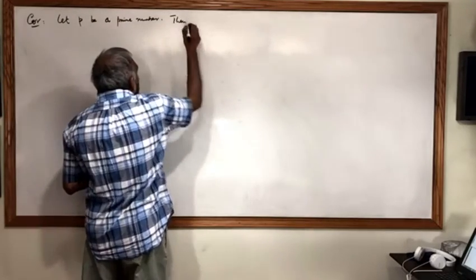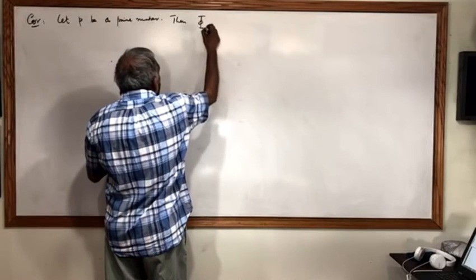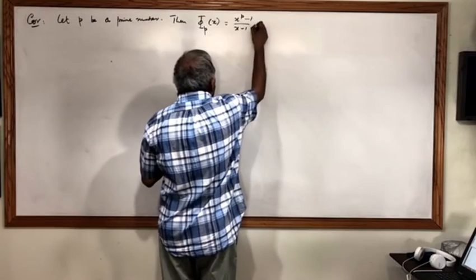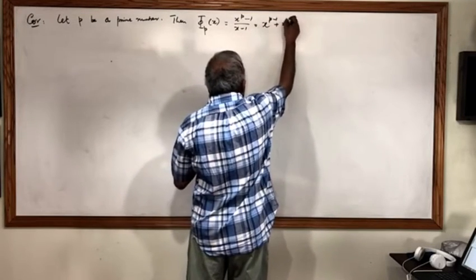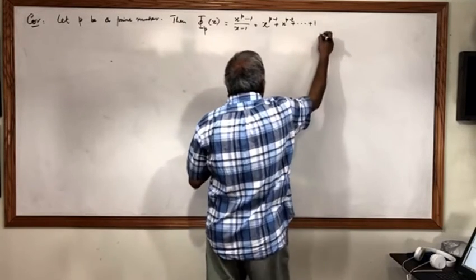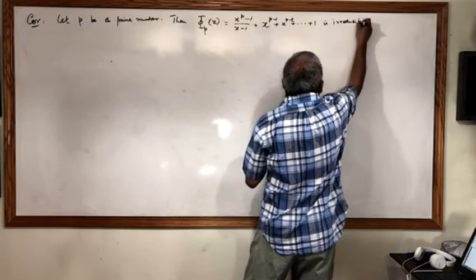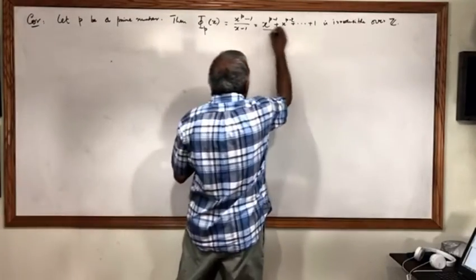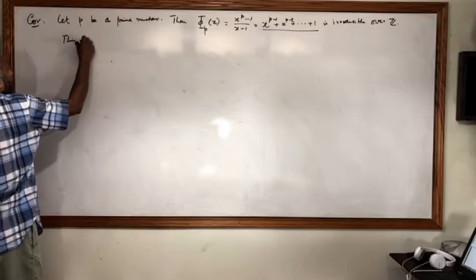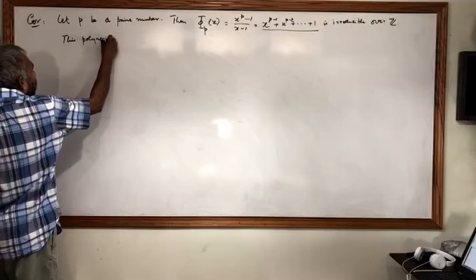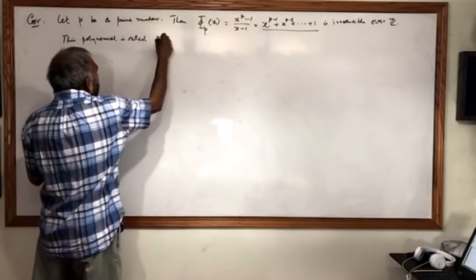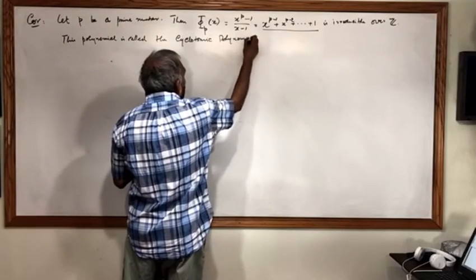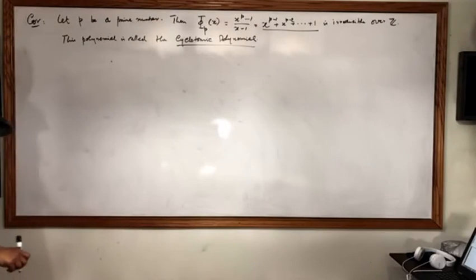Then the polynomial phi p of x is equal to x to the power of p minus 1 by x minus 1, which is equal to x to the power of p minus 1 plus x to the power of p minus 2 plus and so on plus 1, is irreducible over Z. And this polynomial is called the cyclotomic polynomial.